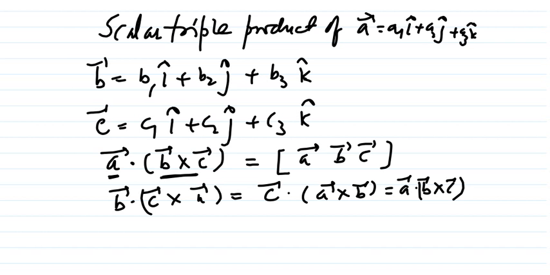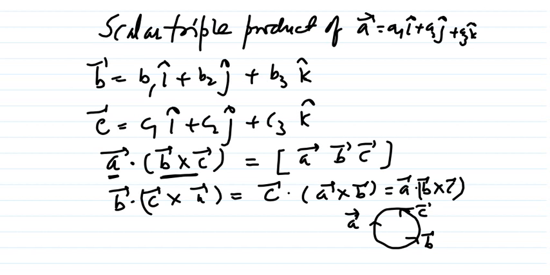So if you look this property, we can say that if we put vector A, B and C in a cyclic manner and we preserve this cyclic ordering, then the scalar triple products of A, B, C will remain same.